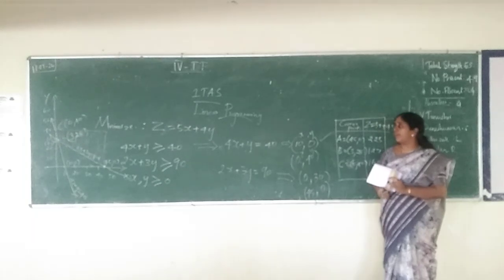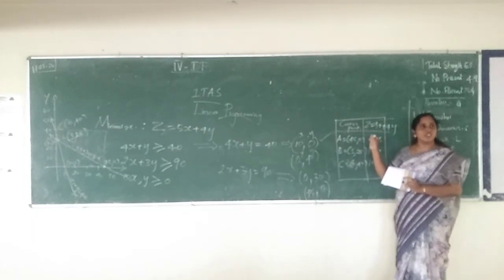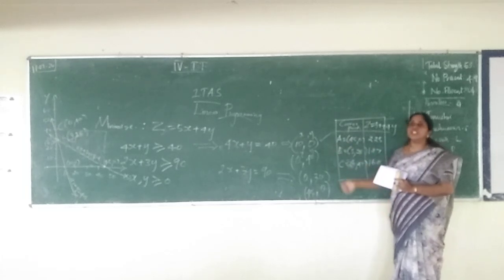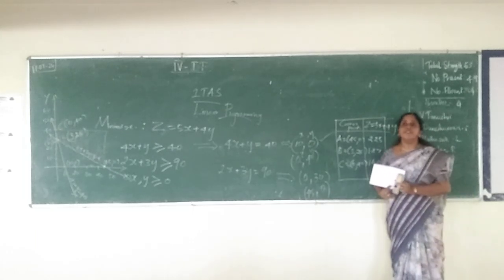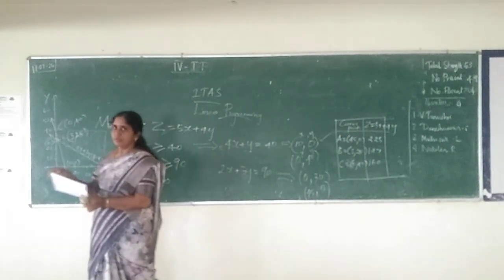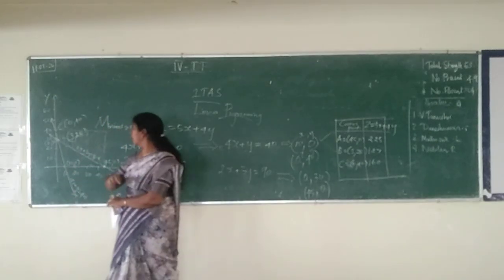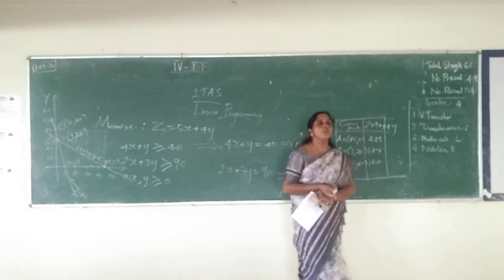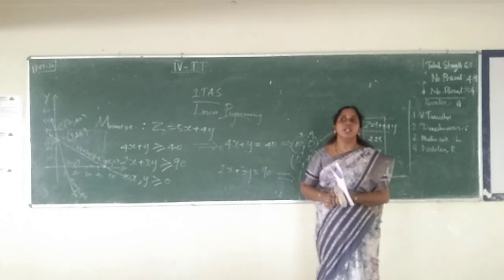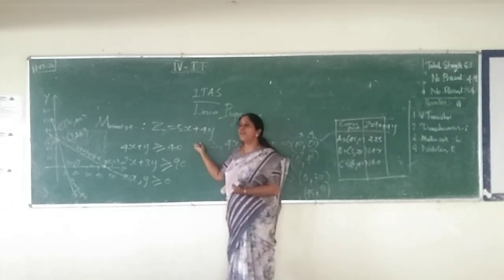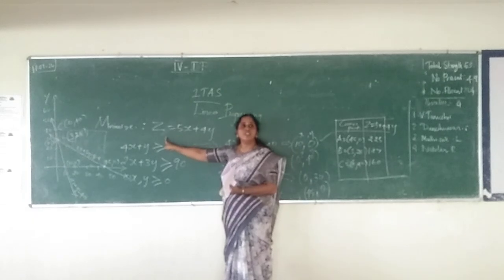Suppose the function is a maximization function, then we need to take the maximum value. Here we have taken it as a minimizing function.